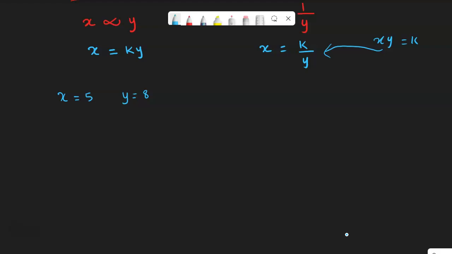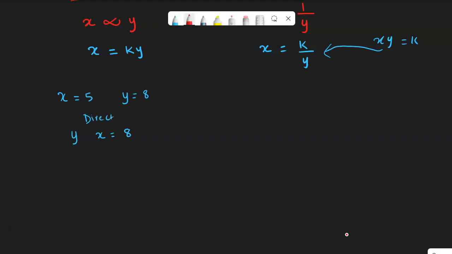Then find y when x is equal to 8. Okay, this is the question. It is saying that it's a direct variation.